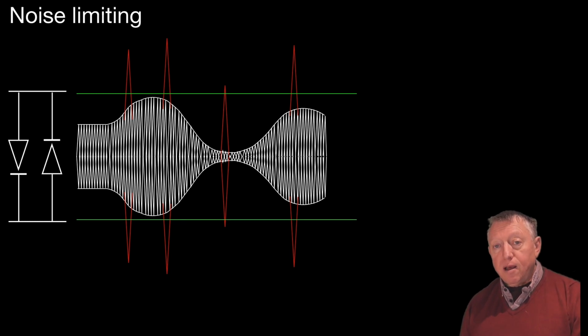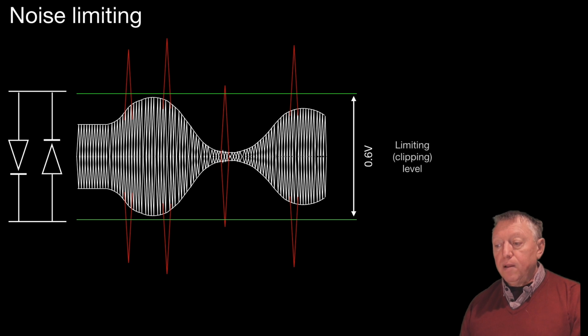And if we arrange it in our receiver such that our wanted signal, our modulation envelope, has a maximum amplitude of 0.6 of a volt, this is a way of eliminating anything above the maximum amplitude of our modulation envelope. So by putting the diodes in, we're able to limit or clip the noise spikes above the maximum amplitude and thereby cut them off.